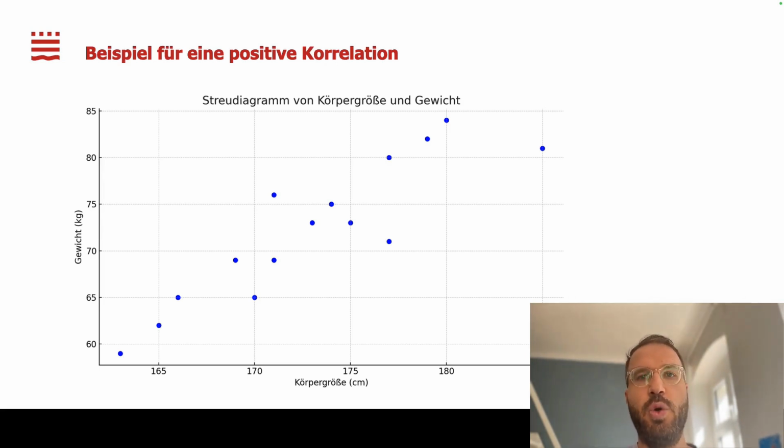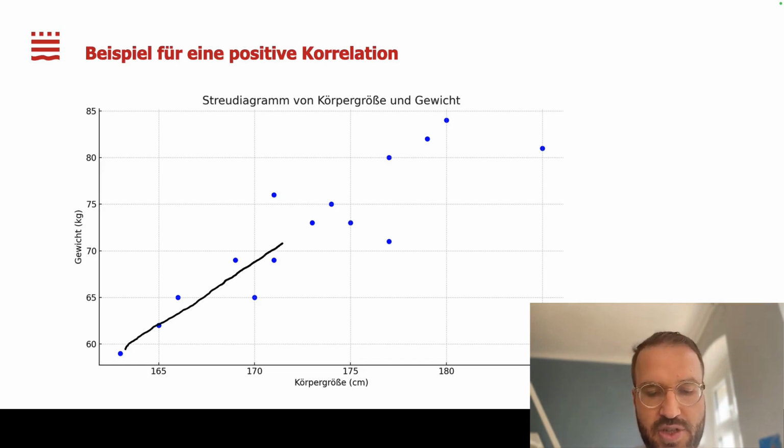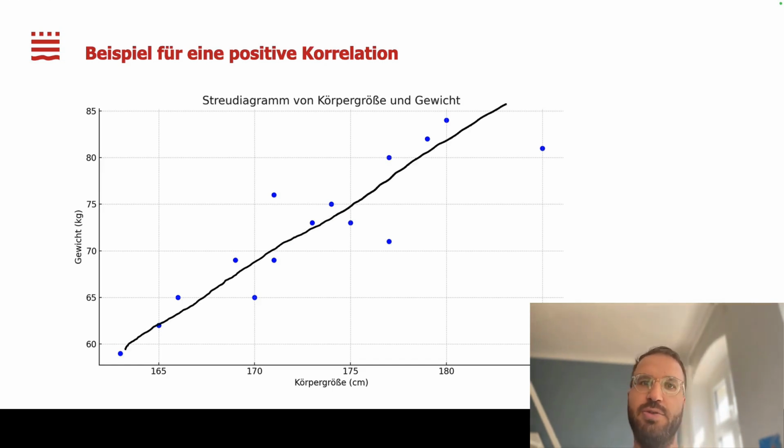So, the taller a person is, the more weight they tend to have on average. Similarly, the smaller the person, the less weight. And of course, you can also see that if we try to represent a trend here, we would draw a line to illustrate this trend, which has a positive slope.